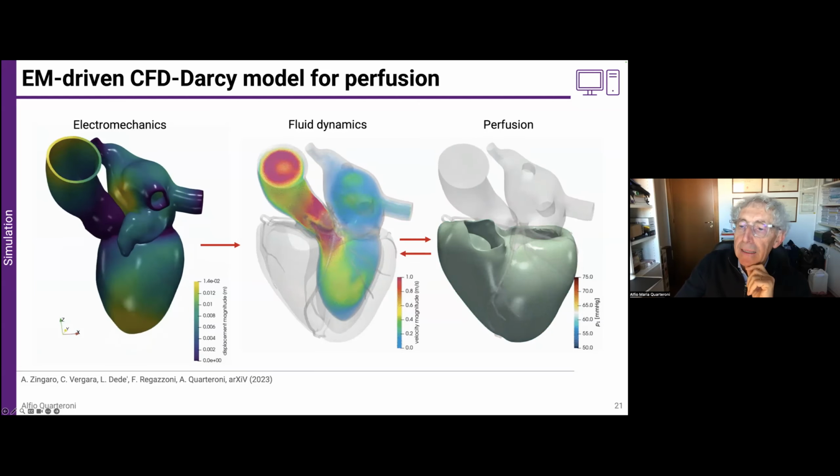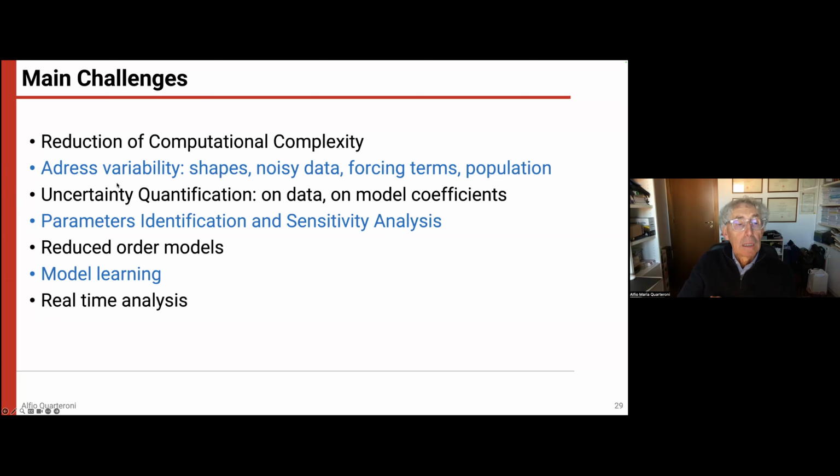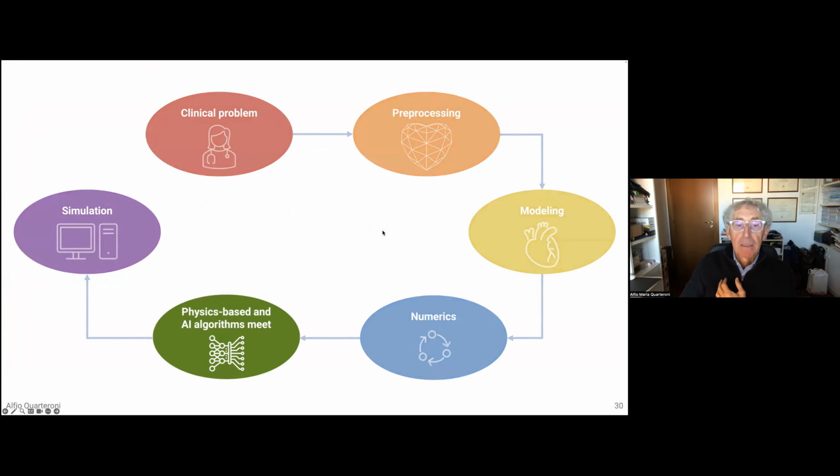We want to address the computational time, the computational complexity. We want to address the variability, the shapes, different arts, noisy data, forcing terms, and go to the population analysis. To go through uncertainty quantification, we want to quantify the uncertainty that we have on data and on the model coefficients. We want to identify parameters and carry out sensitivity analysis.